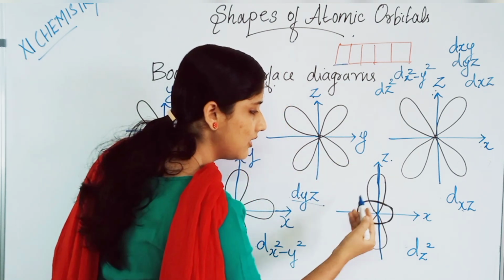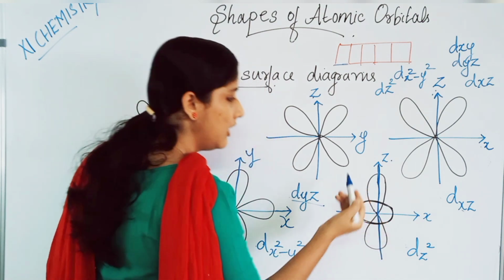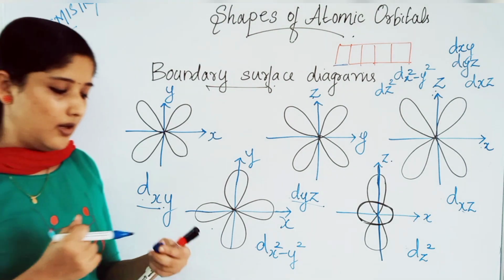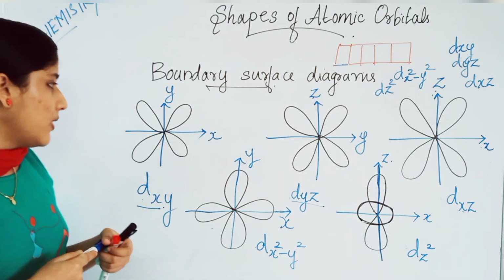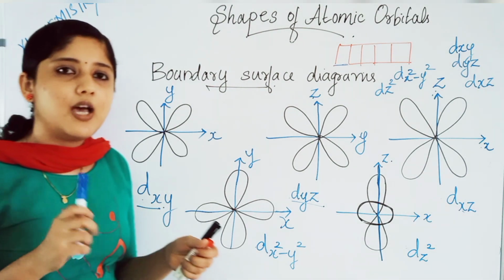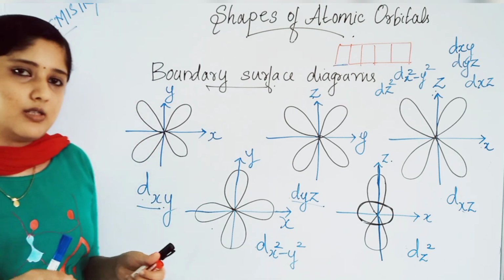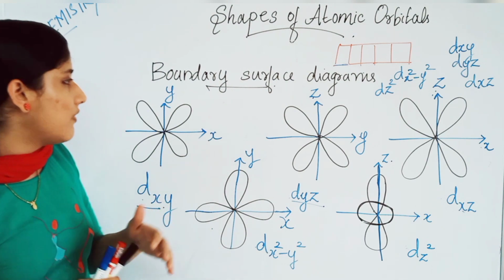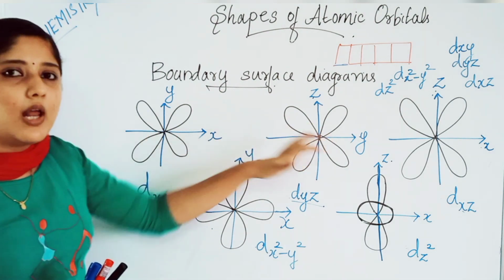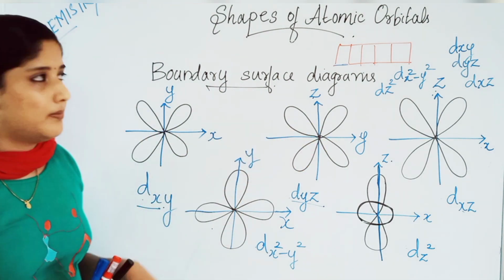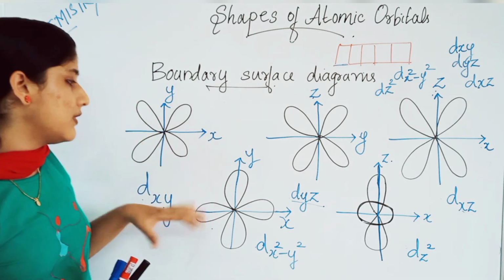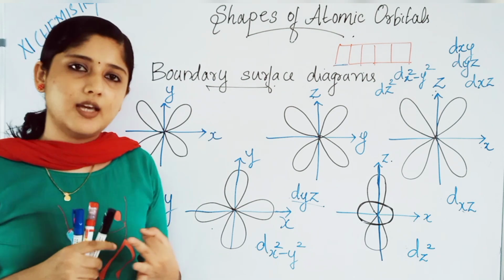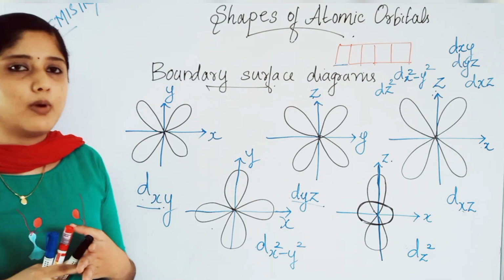This is the surface diagram of dz square. They are 5 degenerate orbitals. That means they all have the same energy. This is the boundary surface diagram of the d orbitals dxy, dyz, dxz and dx square minus y square.